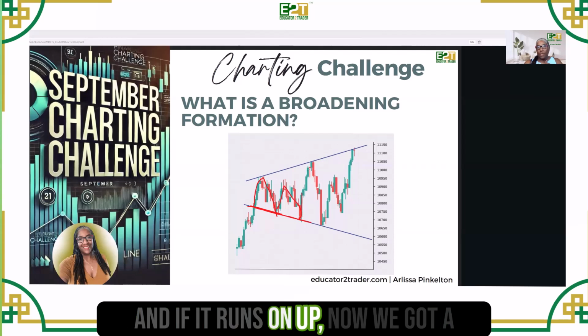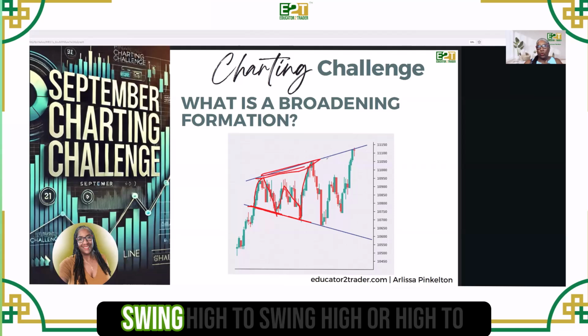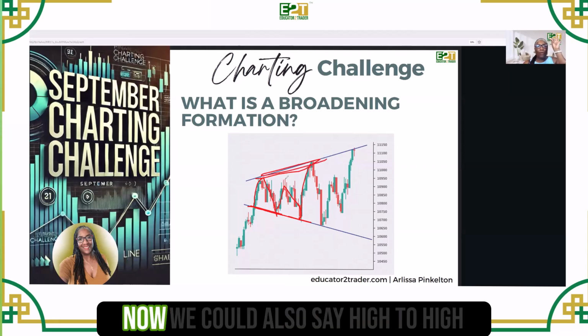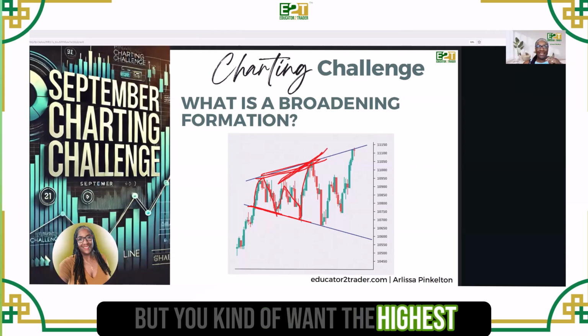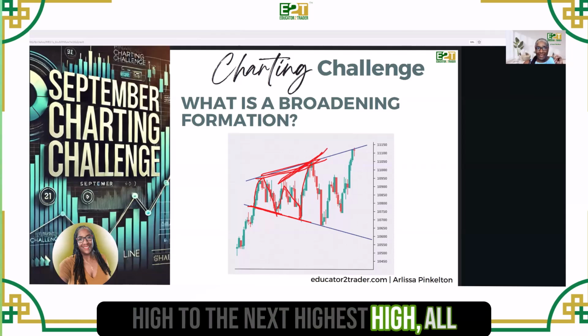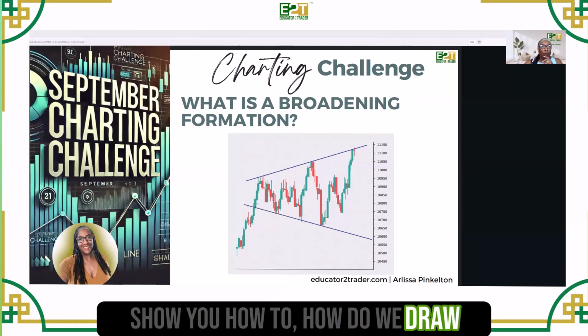If it runs on up, now we've got a swing high that we can connect to. Swing high to swing high is basically how we do that. We could also say high to high being this one, but you kind of want the highest high to the next highest high. All right, that's how we draw them.